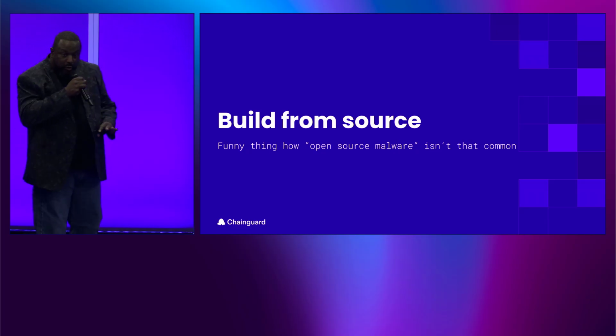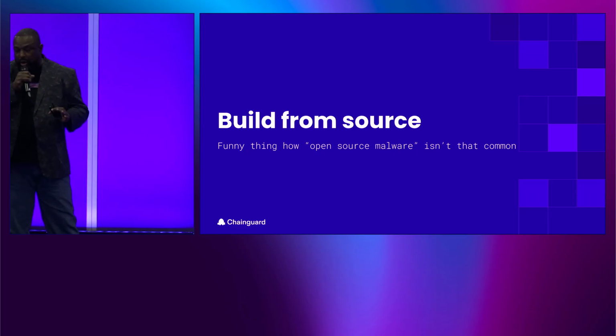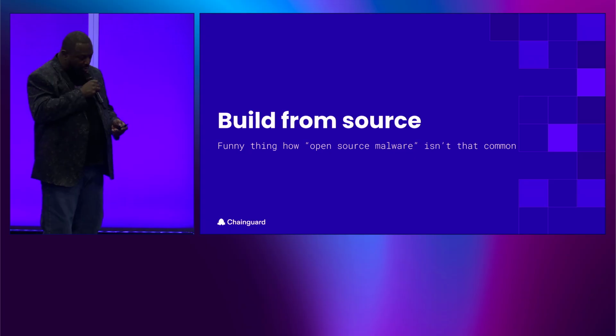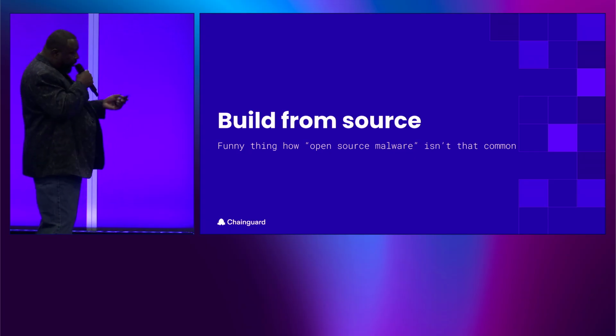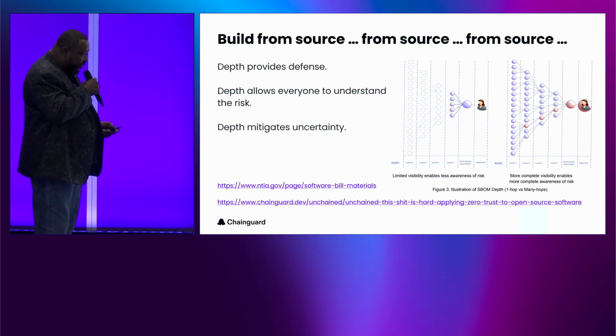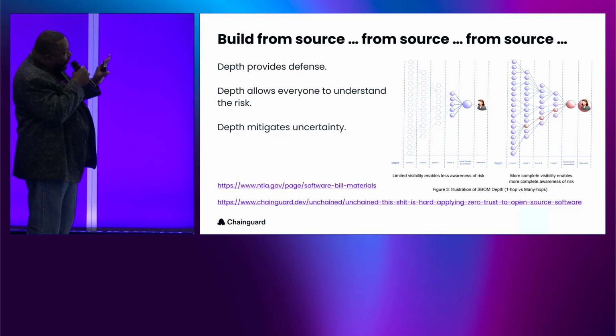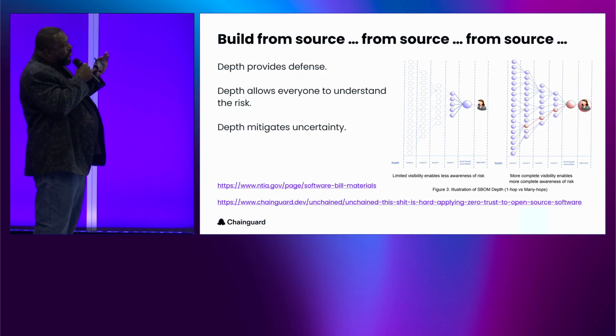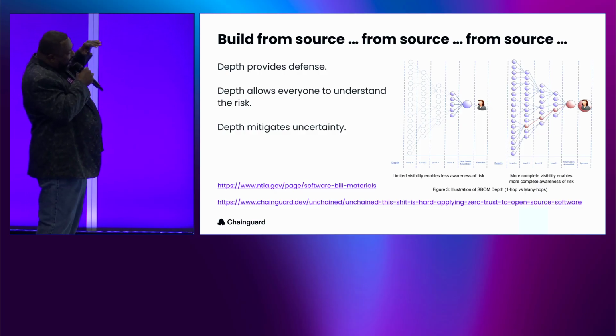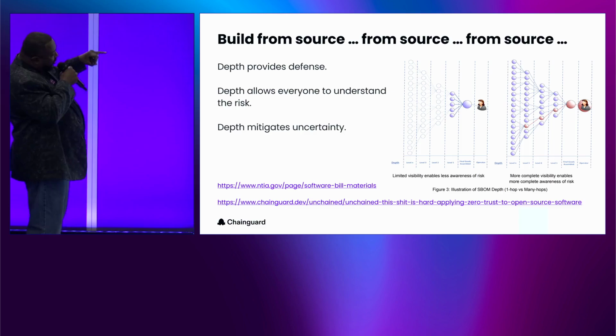So first of all, before we talk about the factory, I'm going to talk a little bit about the philosophy of building from source. And also, if you've ever heard of open source malware, right? So when you build from source, first of all, it allows you to trust the source, right? So you want to provide depth in your defense.